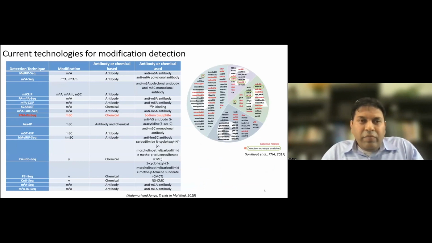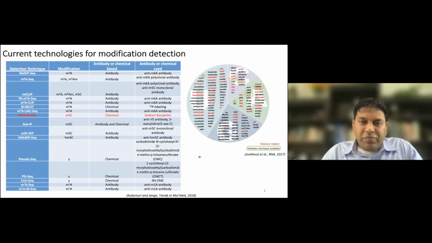Again, from a mapping perspective for these modifications, other colleagues have talked about some newer methods that have emerged, but traditionally, most of this mapping has been done using either antibody-based or chemical-based methods. In antibody-based methods, you'd use an antibody and pull down the target and end up doing short read sequencing, which often results in not necessarily accurate nucleotide resolution mapping, but a general localization of the modification site.